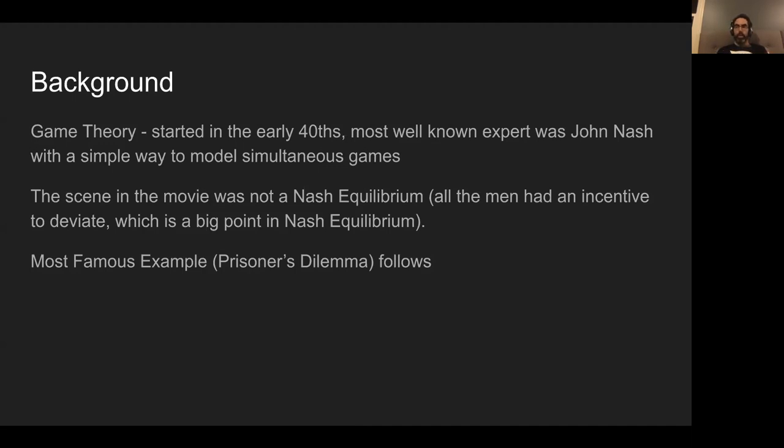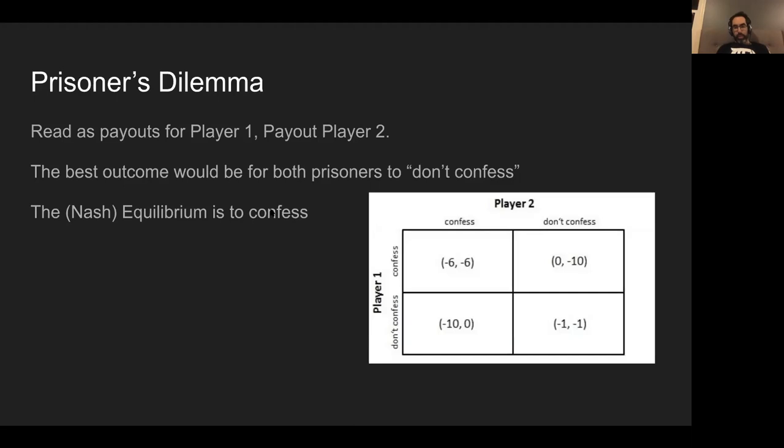It was the mixed equilibrium, which is the exact opposite of a Nash equilibrium. So I'm going to go into a classic example of how you model a Nash equilibrium and what it actually means. Has anybody ever heard of the prisoner's dilemma?